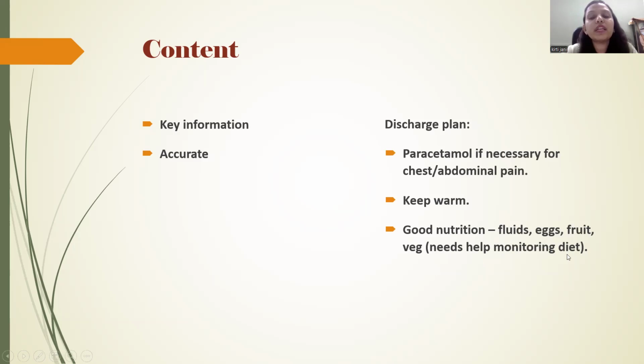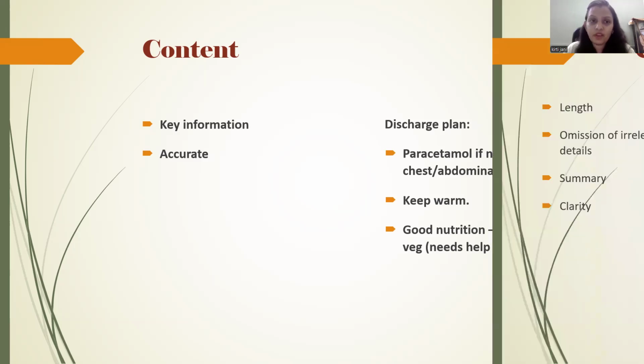Now, suppose you haven't read the bracket information and you have just written that the patient's nutrition includes so and so, but you have not requested monitoring. Then you will lose the score in accuracy.